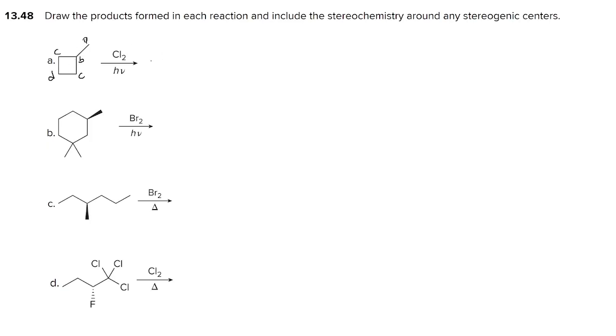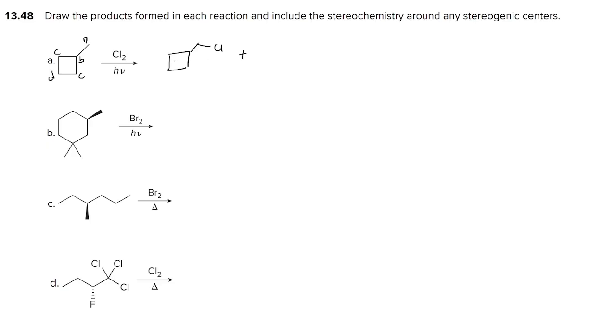Let's draw the possible products. The first one, let's place on position A. This molecule does not have any stereogenic center, so we don't have to include stereochemistry.